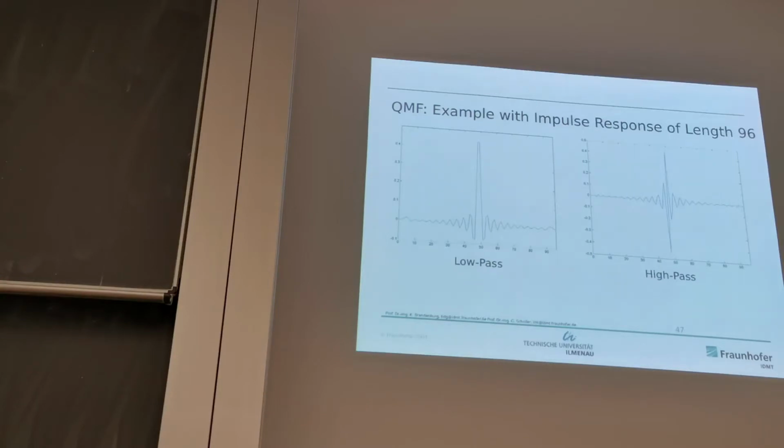N is 2, right? 2 subbands. So the filter length is how many times our subbands? What is 96 divided by 2? 48, right? So we have 48 times N.